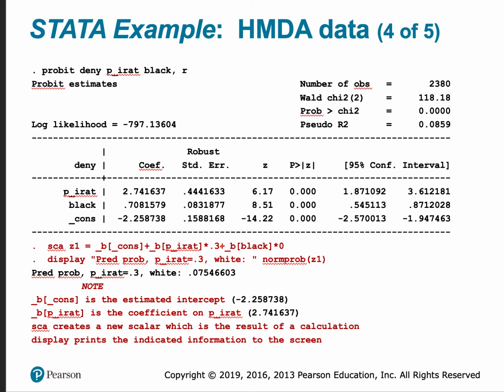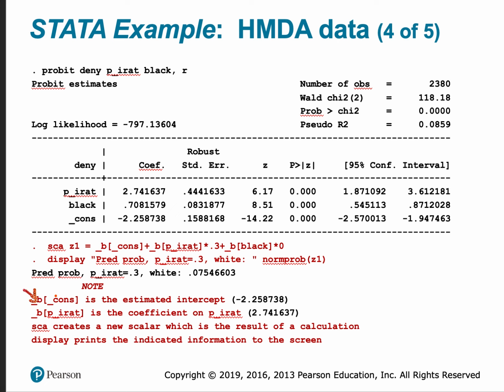We're multiplying it times a payment to income ratio of 0.3. And then we want the scalar for the white applicant. And we're going to display the following text: predicted probability for payment to income ratio of 0.3, comma, white applicant, and that's equal to, and we want the normal probability of that scalar Z1, and the normal probability is 0.075466603.